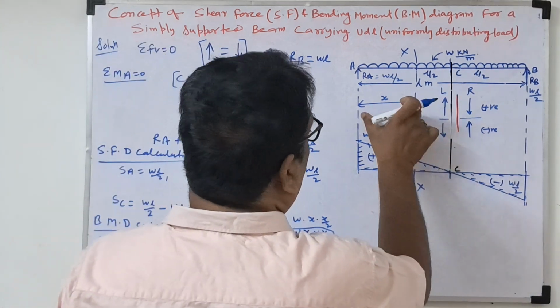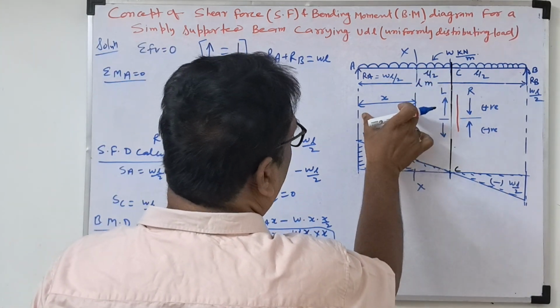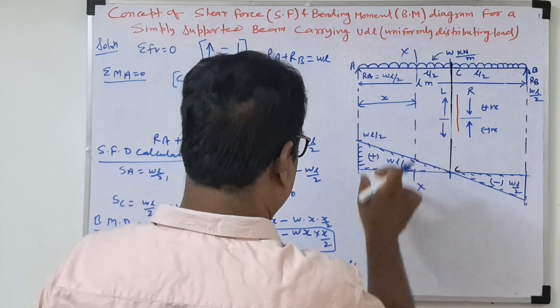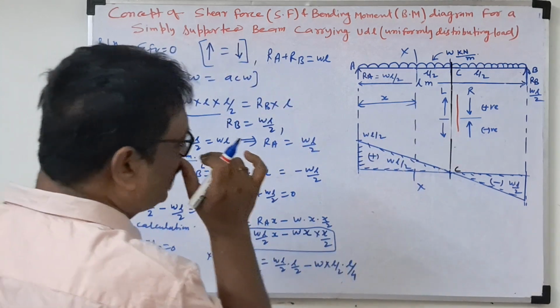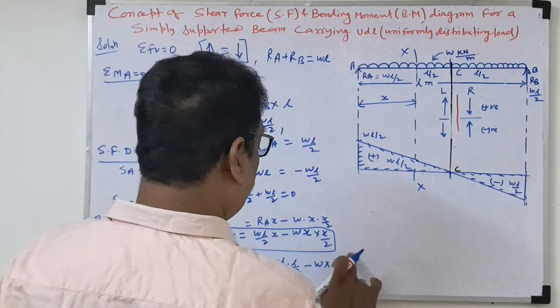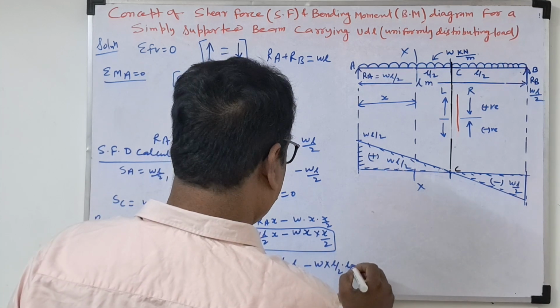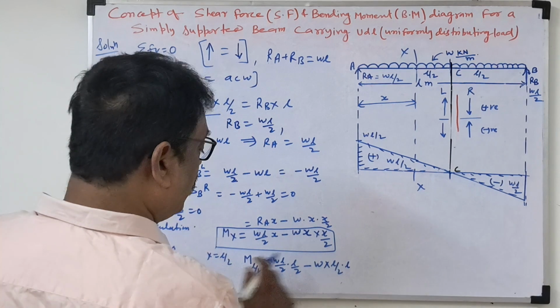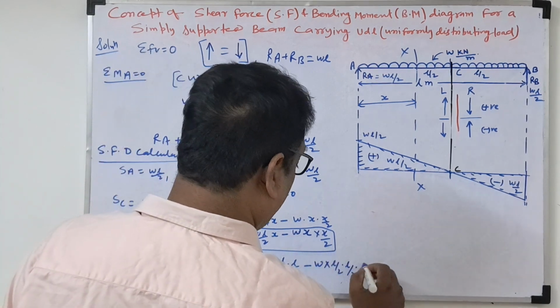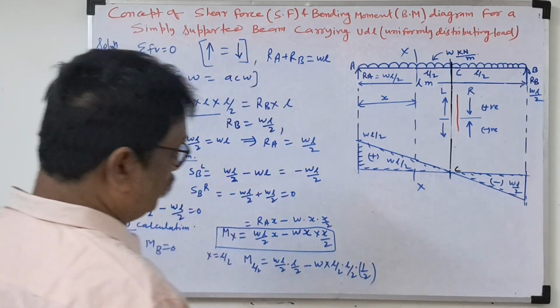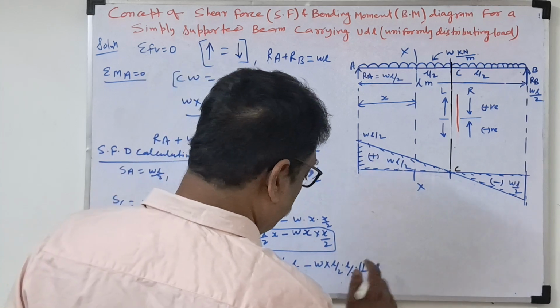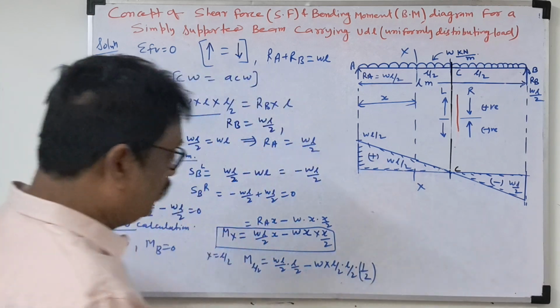Why L by 4? Because we are taking half of the X distance. So X is nothing but L by 2, but due to the half, you write it like this. Don't confuse here.